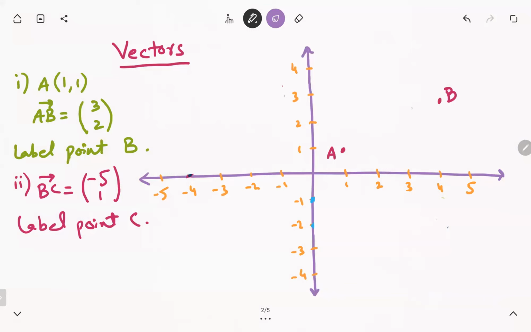So 5 units left: 1, 2, 3, 4 units left. This is 5 units left. Now +1 means 1 unit up. So going 1 unit up you will come here. So this is your point C.